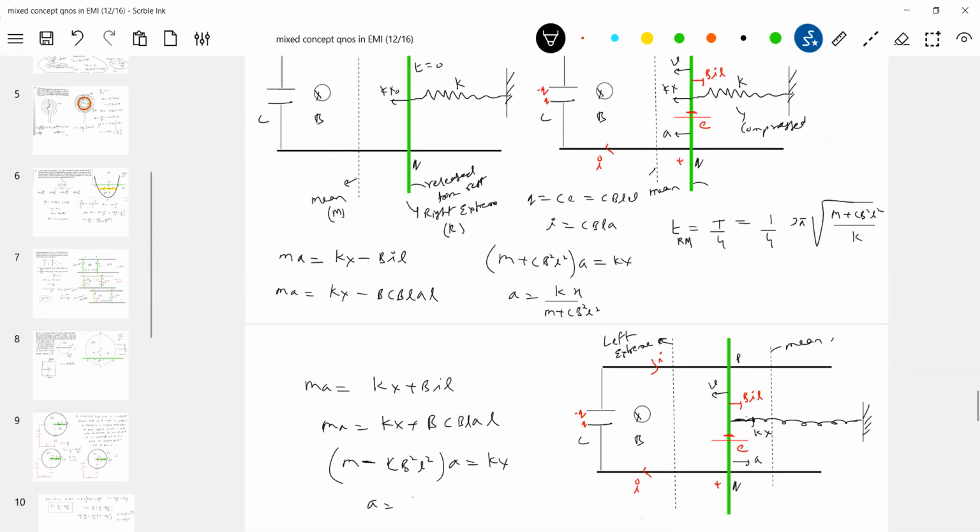So what is A equal to in this case? Kx by... look at now. So what about this time period? The time period from mean to left extreme. This is the left extreme.